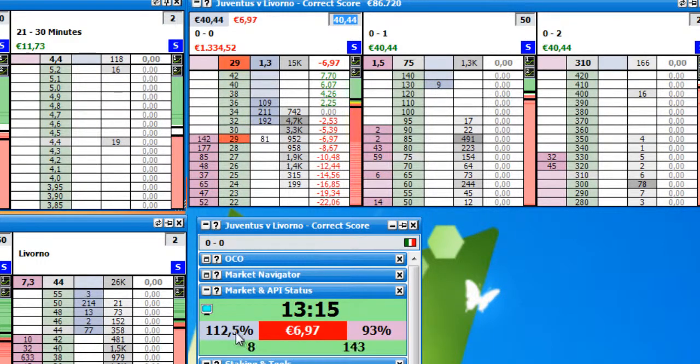And now we have 3 minutes already, 3 minutes value in this strategy. If a goal now happens, I make the maximum profit of around 50 euros risk-free. Well, come on, a goal please.